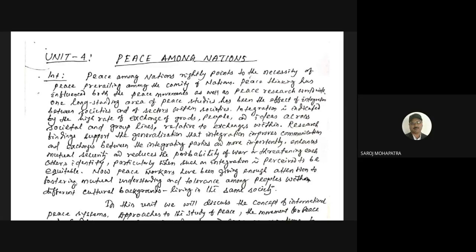That is why he wanted that if peace among nations would be established, then all human beings could sustain peacefully on planet Earth, which is what we want. So in this unit, peace among nations rightly points to the necessity of peace prevailing among the community of nations.